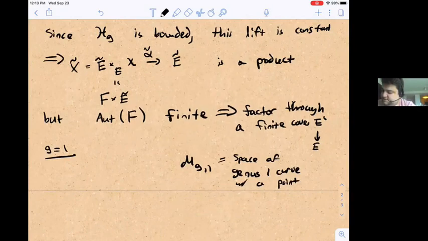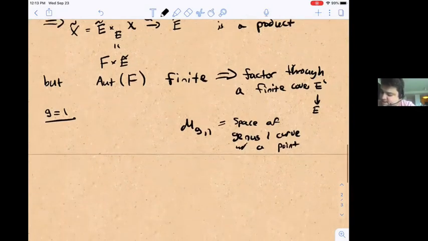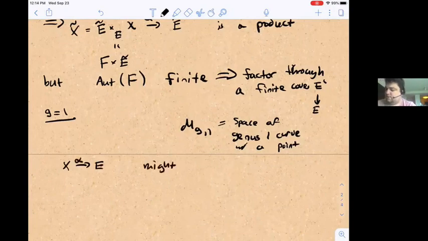And the point is that our original X to E might not have a section. So there might not be a way to pick out a marked point in every fiber.